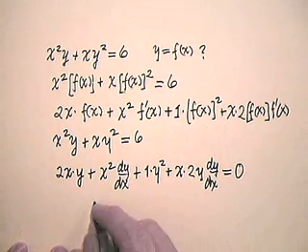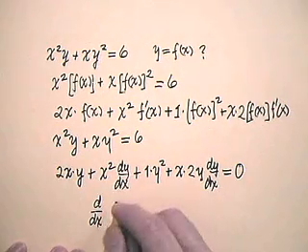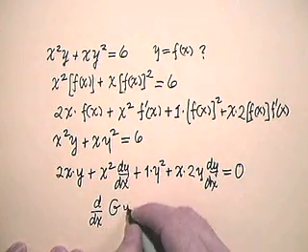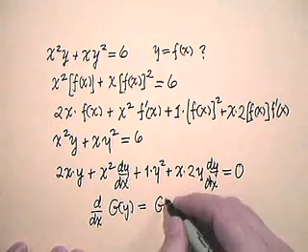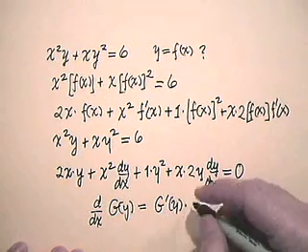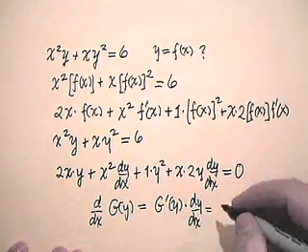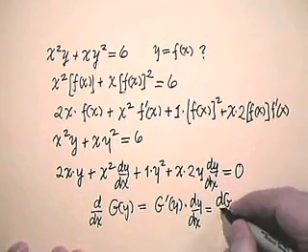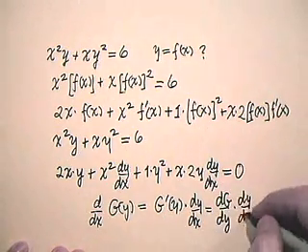Remember, the chain rule says that to differentiate with respect to x some function, call it capital G of y, you would get G prime of y, the derivative with respect to y, multiplied by dy dx, or for emphasis, dG dy times dy dx.